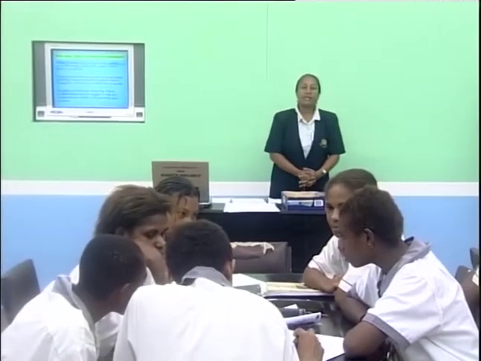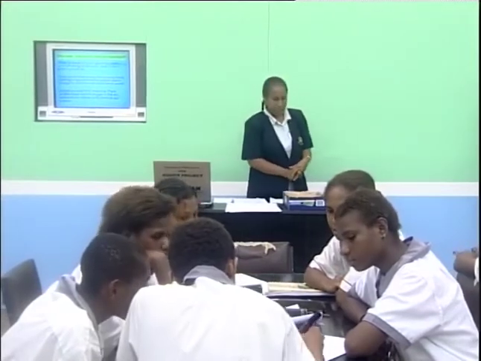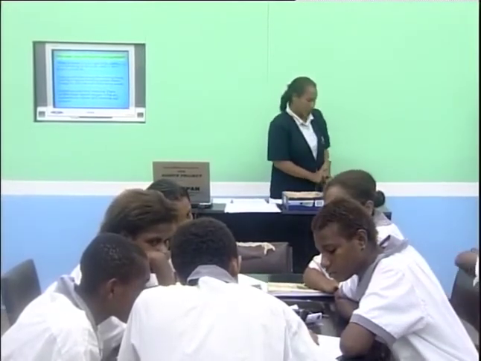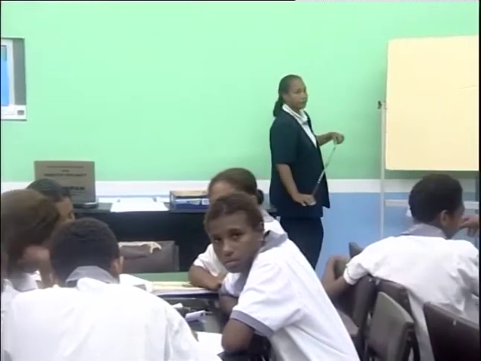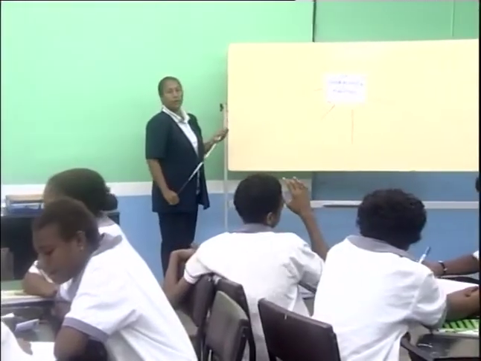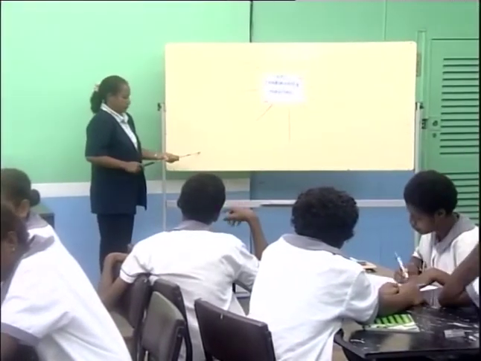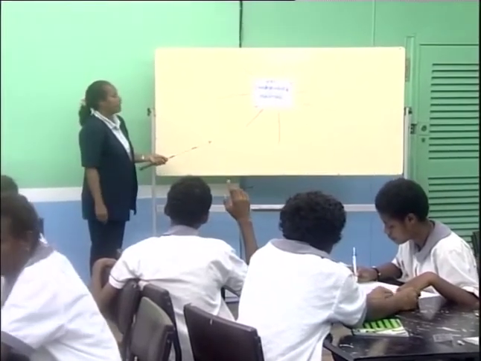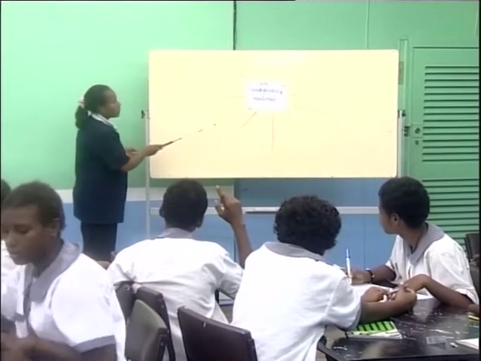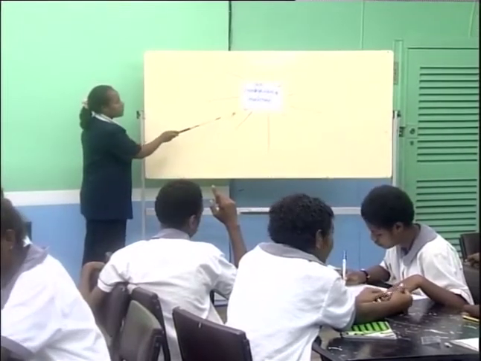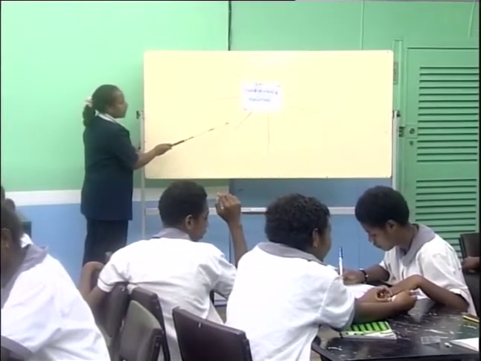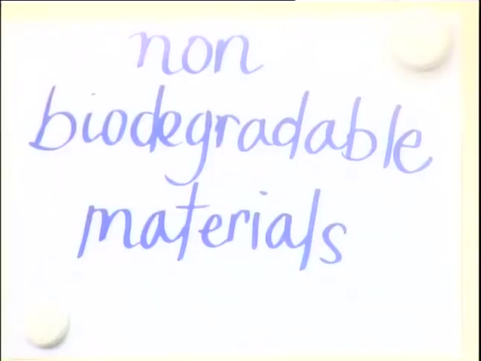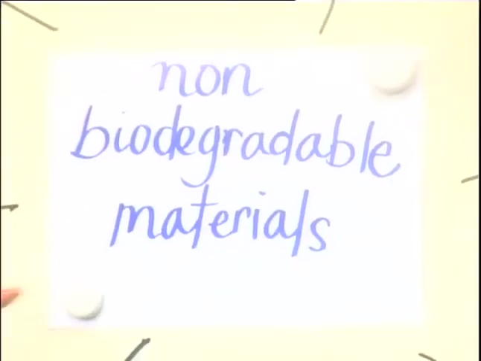All right, I'd like volunteers from each group to please come up on the whiteboard. On the whiteboard, I have the word non-biodegradable materials in the middle, and there are lines drawn towards that word.